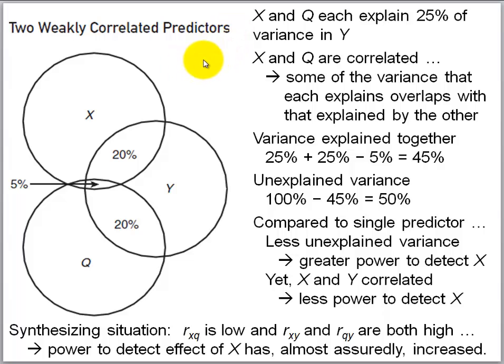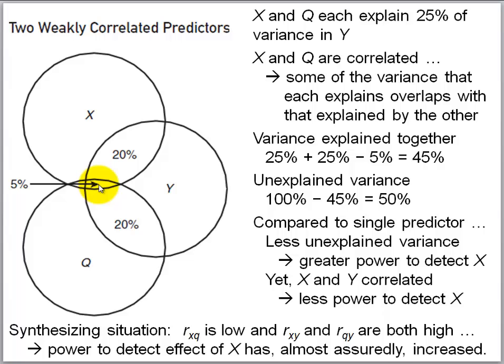In this Venn diagram, taken individually, X and Q each explain 25% of the variance in Y. So in other words, if we look at X, apart from Q, it explains 20% of the variance in Y, but then it explains an additional 5% of variance in Y. This 5% of variance in Y that it explains overlaps with the variance that Q explains.